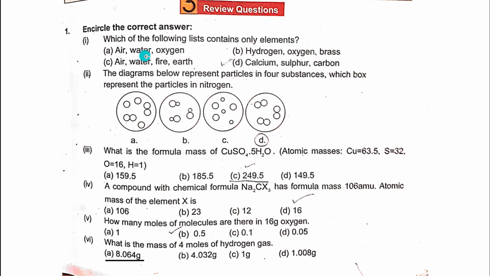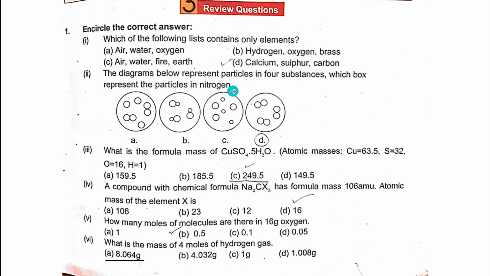So, air, water, and oxygen: all of these are compounds, not elements. Hydrogen, oxygen, and brass: these are not all elements. Air, water, fire, and earth are not elements. Calcium, sulfur, and carbon, yes, all these three are elements, so D is the correct option.